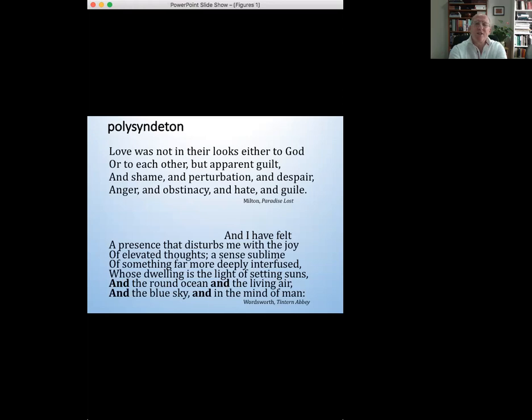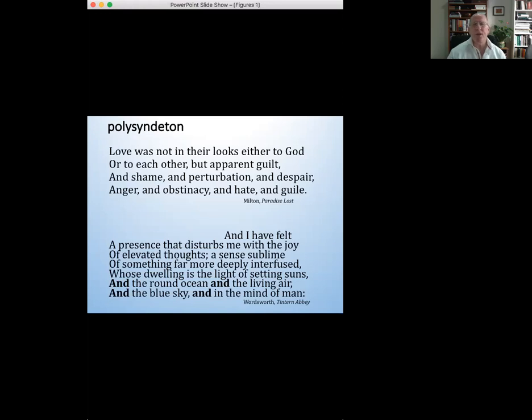I think the polysyndeton here slows it down. It makes it heavier. Really have the sense of Milton piling it on, right? The heaviness of all of these, right? We get a sense, the polysyndeton goes to give us a sense of the terrible burden of feeling and passion that Adam and Eve must bear as a result of disobeying their God.